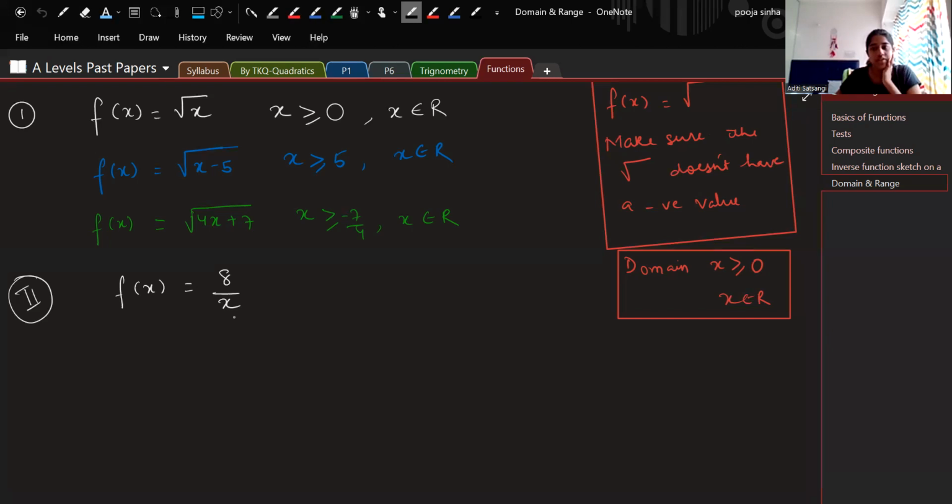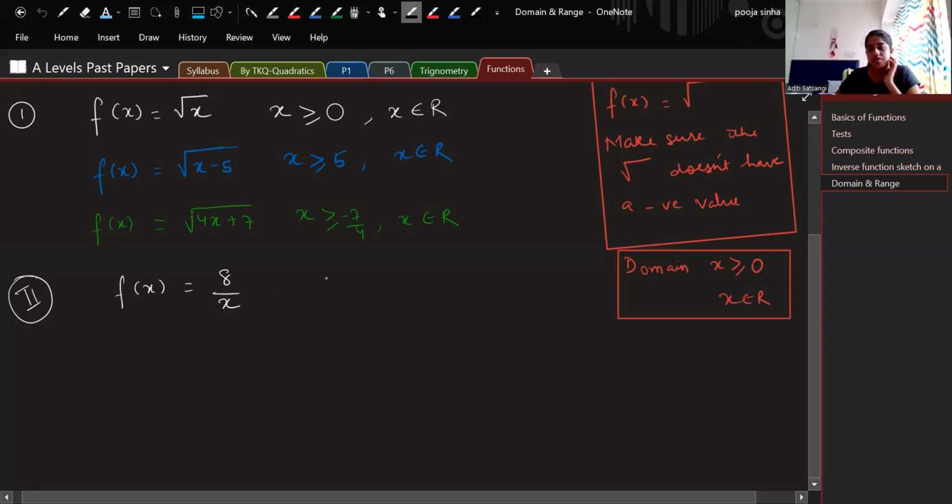So if such a case comes, then you will write that except for that 0, x can be anything. Just that it cannot be 0. This is a reciprocal function. So for a reciprocal function, what do we understand? That the denominator cannot be 0.